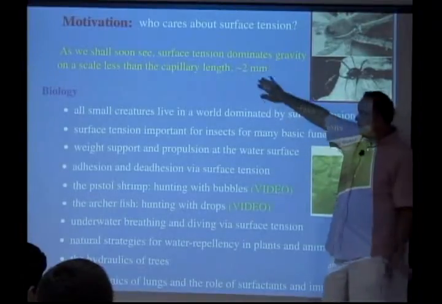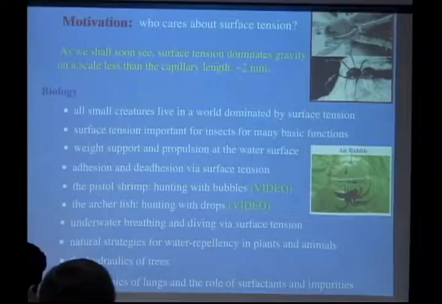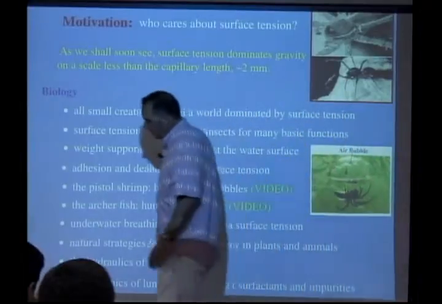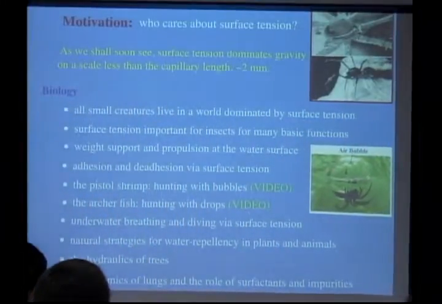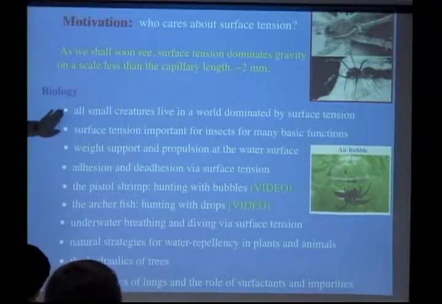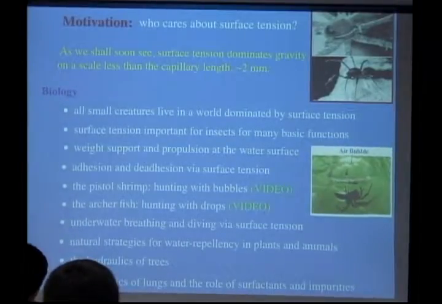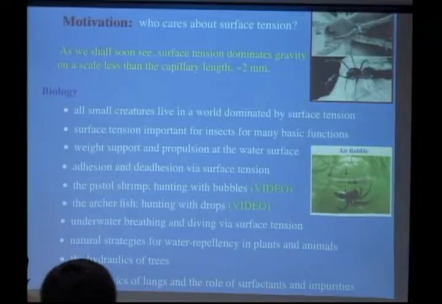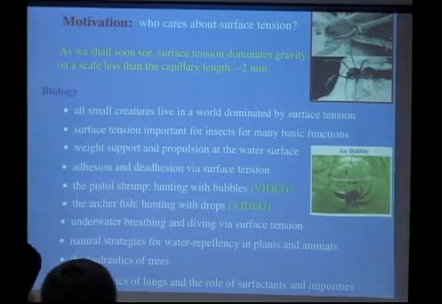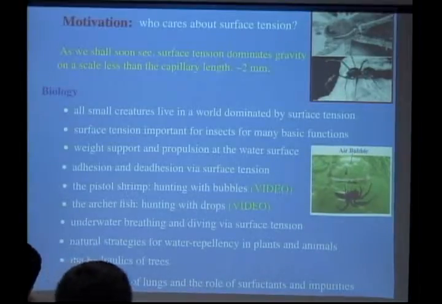That is to say, when things are on the order of millimeters, and most creatures, certainly all insects, have functions which operate on that scale. If you look at the distribution of the size of all living creatures, there's a huge peak in the insect range. There's an incredible amount of diversity in the insect world, and these guys live in a world dominated by surface tension.